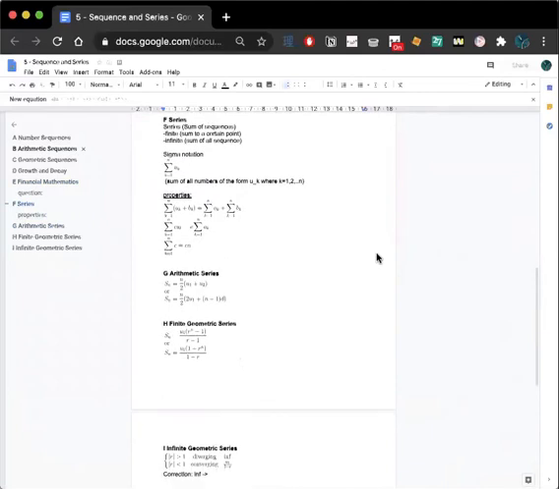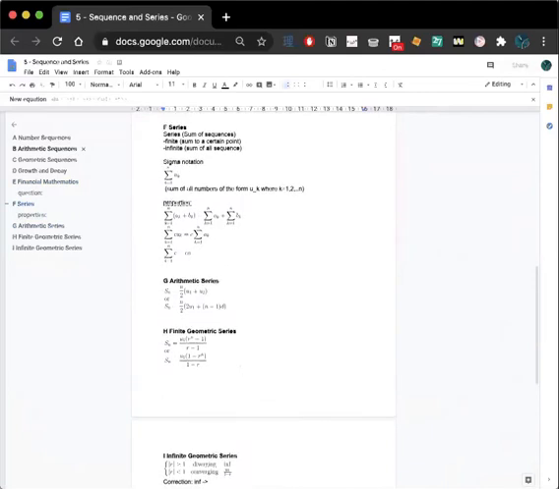Okay, so now we are going into series. Series is basically a sum of the sequences we've learned. And there are 2 kinds of series, which is the finite series and the infinite series.